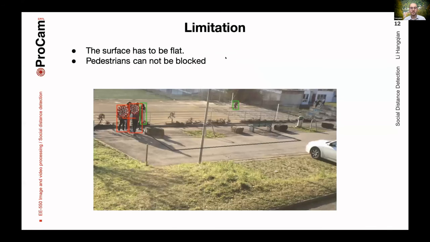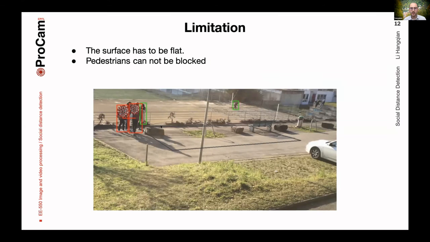There are some limitations of this algorithm. The surface is assumed to be flat. As you can see, the far person is also detected, but actually these two are not on the same level. This level is much lower than this level. But for the calculation of the distance, because we use the bottom of the bounding box, the distance is not accurate.